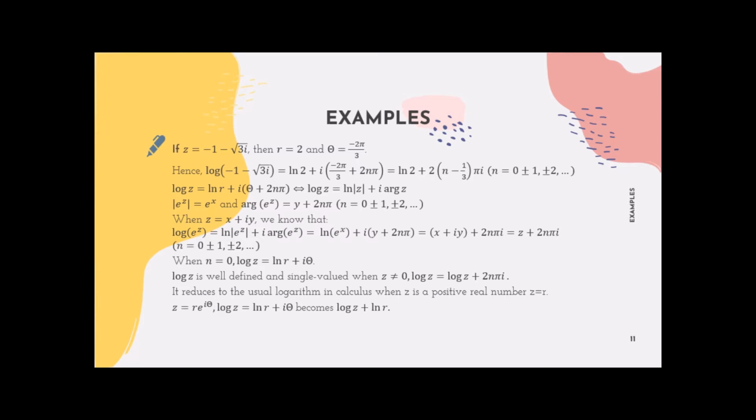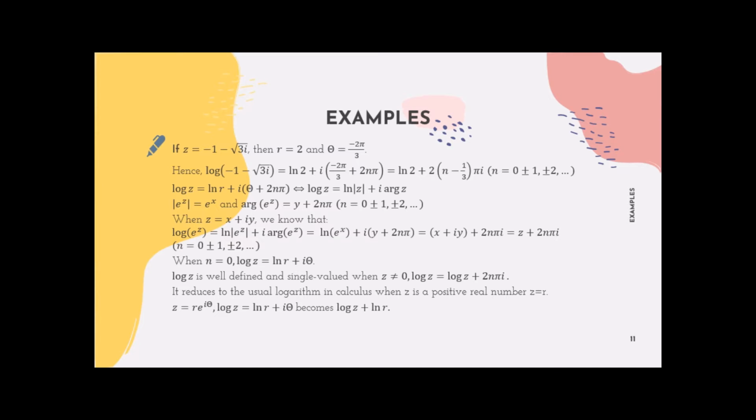When z = x + iy, we know that log e^z = ln|e^z| + i arg e^z = ln e^x + i(y + 2nπ) = x + iy + 2nπi = z + 2nπi for n = 0, ±1, and so on.